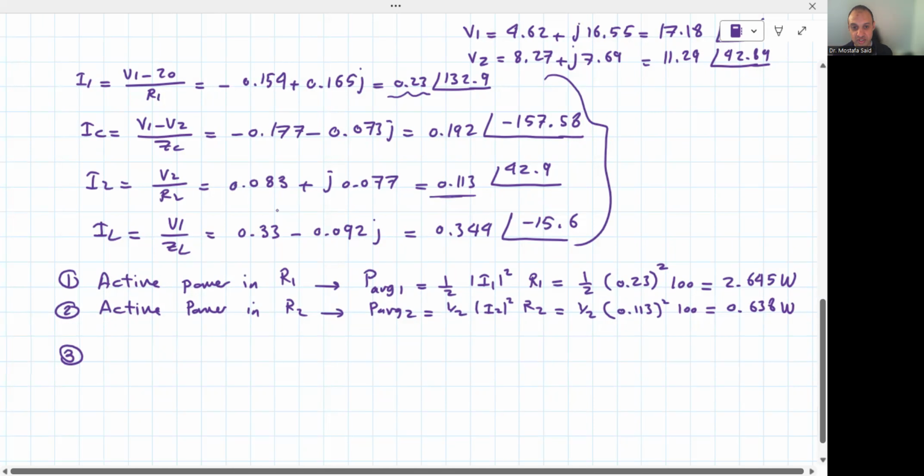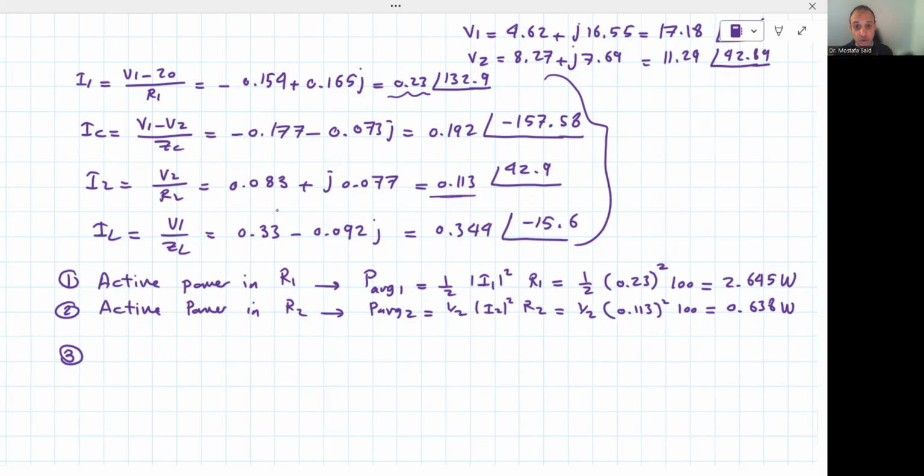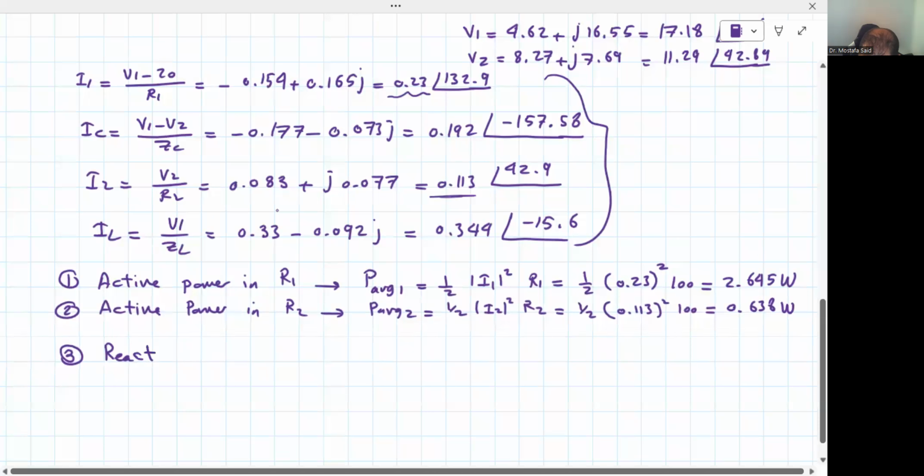Number three, now we have four. We have two resistances and an inductor and a capacitor. So the other two are reactive powers. So the reactive power in the capacitor C, we're going to call it QC.